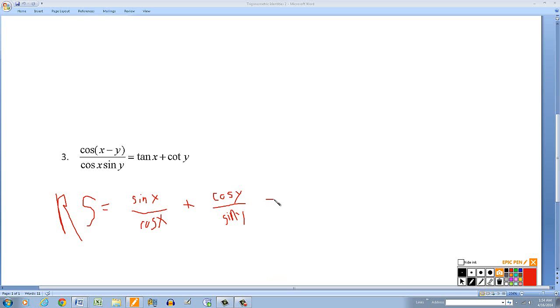Okay, so these are two rational expressions, trigonometric expressions.